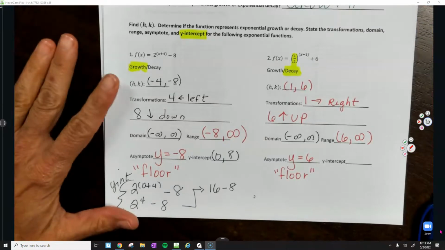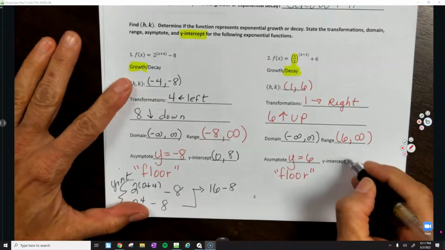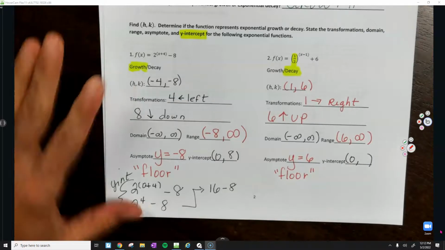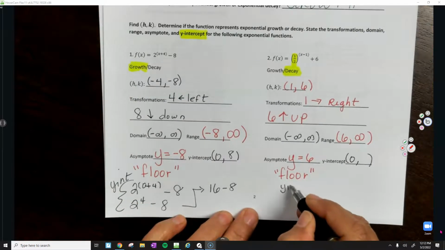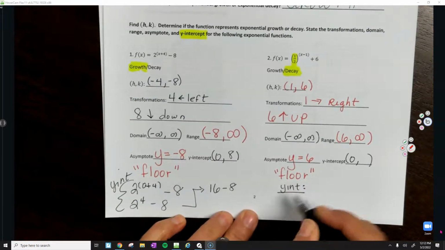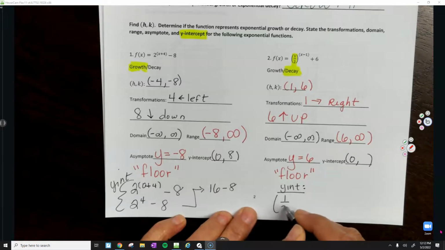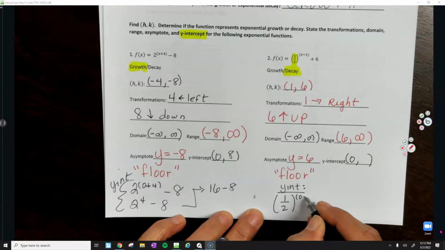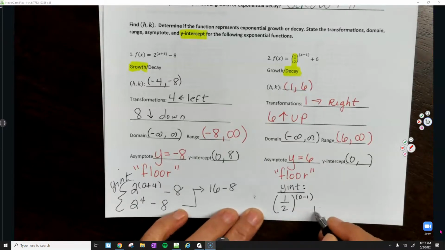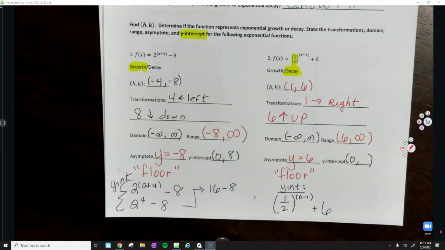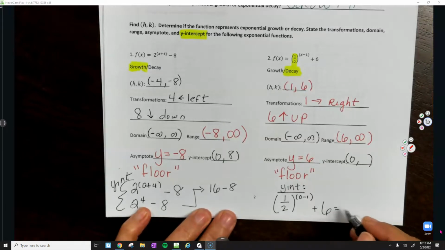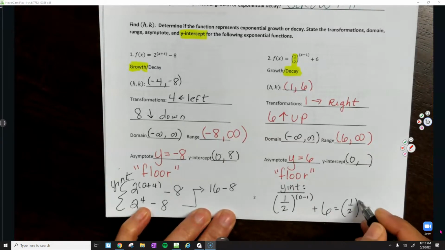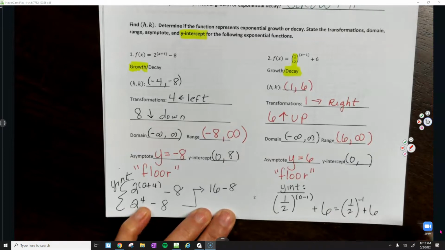To solve the y-intercept algebraically, remember we're going to plug in 0 for the letter x. So for the y-intercept, it is going to be 1/2, and then in parentheses for your exponent, it's 0 minus 1, and then of course plus 6. That turns into 1/2 raised to the negative first power plus 6.